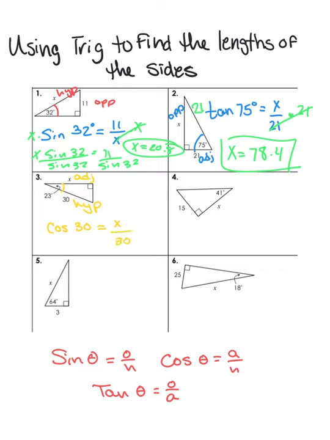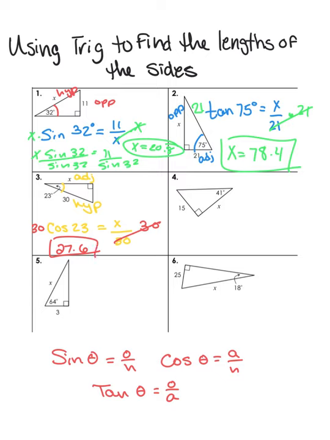Because I have the variable in my numerator, this is a one-step problem. So I'm going to multiply 30 times both sides. So I have 30 times the cosine of 30, and that's going to give me 27.6.